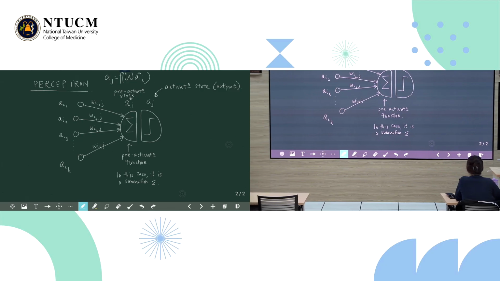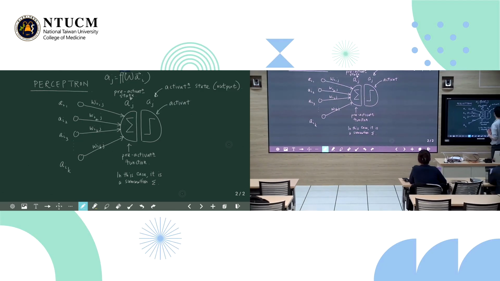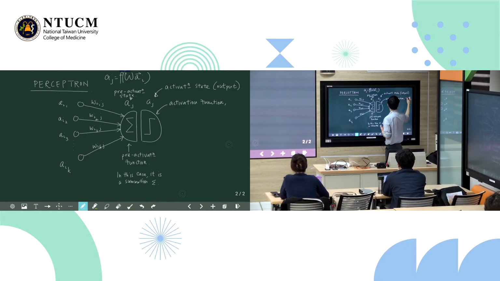You will note that this is the activation function F, this thing here. You can see that the graphic is nonlinear, it's the binary ReLU. So in one case it's the summation, and in the other case it's the binary ReLU. And this gives you the final output, where in this case AJ is equal to AO.